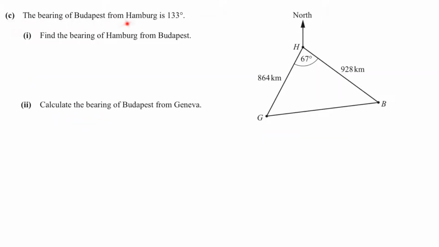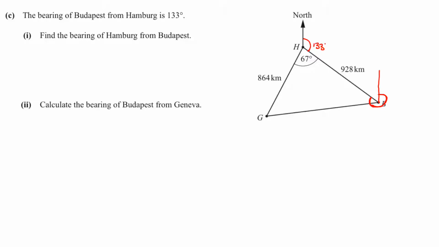Part C. The bearing of Budapest from Hamburg is 133. So this is 133. Find the bearing of Hamburg from Budapest. This is 133. And we are supposed to find this bearing.